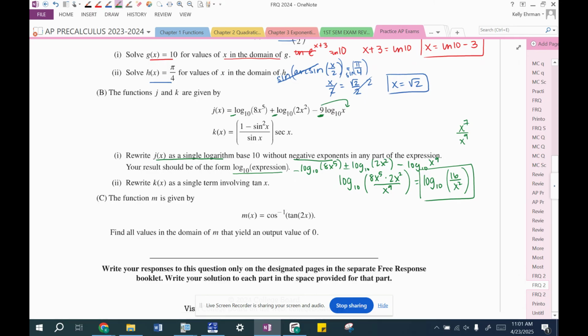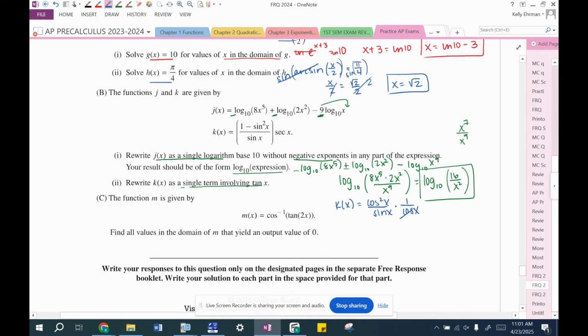Part 2, rewrite k of x as a single term involving tan x. So let's take a look at k of x. So k of x is equal to 1 minus sine squared, which is cosine squared x over sine x. Instead of times secant, let's make it 1 over cosine x.